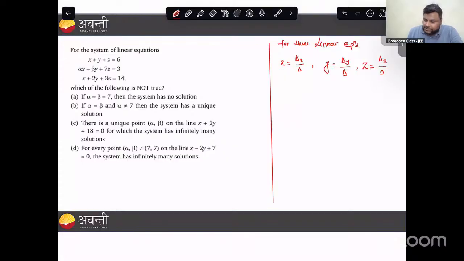Now, you will have to tell me, first of all, Rama, what is the condition for unique solution? Rama, switch on your mic and speaker. What is the condition for unique solution? Anush, what is condition for unique solution?